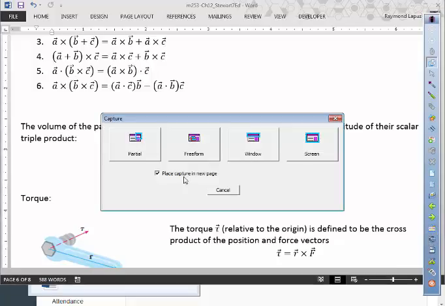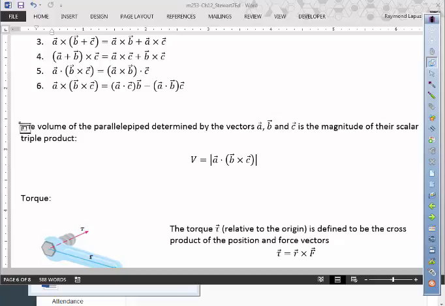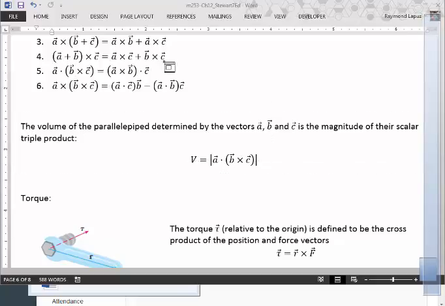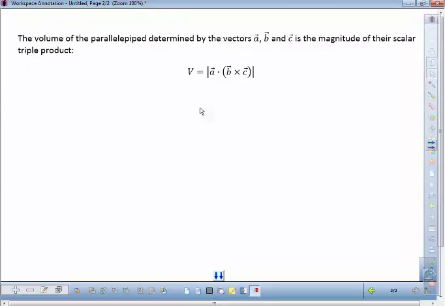So one quick application of this, I don't know how practical it is, but one quick application of the cross product with the dot product is to find the volume of, it's called a parallelepiped spanned by 3 vectors.